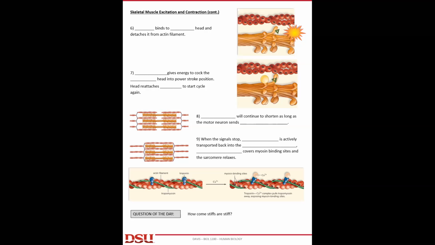And the time of rigor mortis setting in depends on all kinds of factors, from temperature to humidity to cause of death, all kinds of things. But it's usually within the first few hours up to the first 12 hours, and then it can last for another 12 to 24 hours.